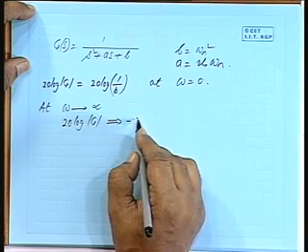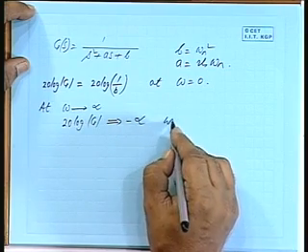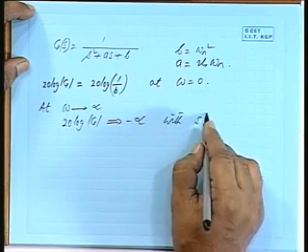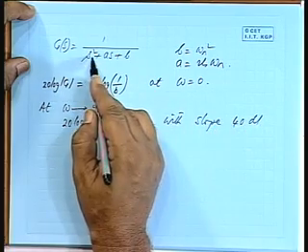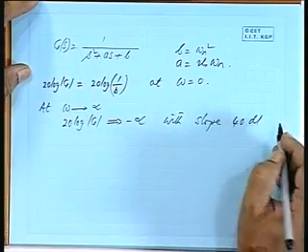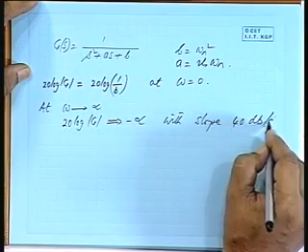Minus infinity, with a slope of 40 dB per decade, because it is proportional to 1 by s squared. It is approximating 1 by s squared, 40 dB per decade.